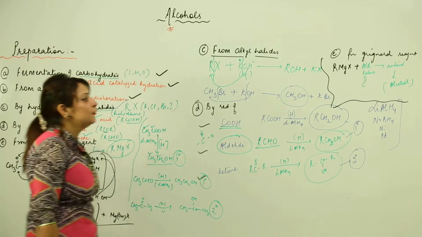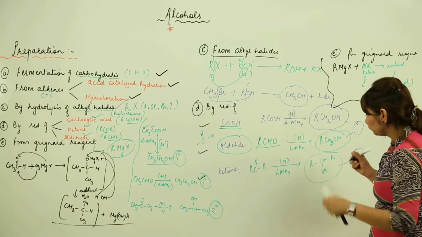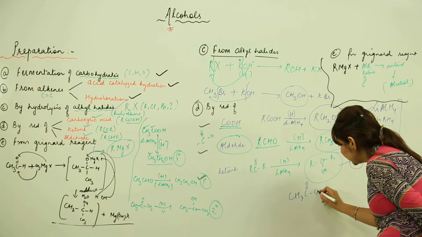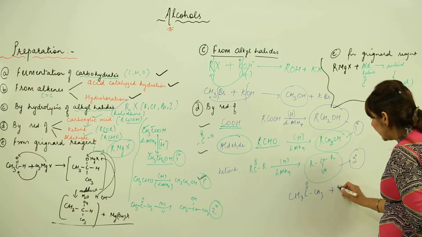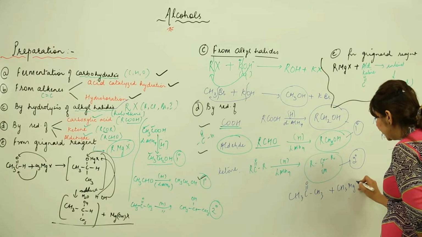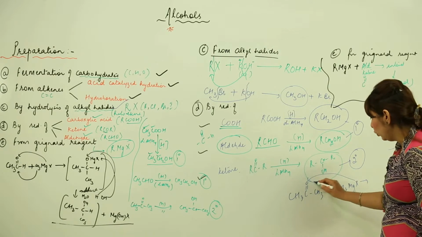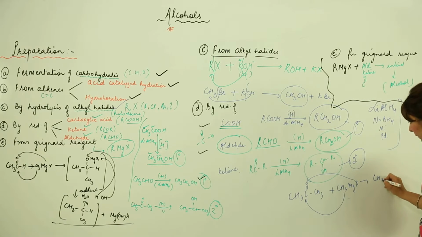Likewise we can use it for a ketone also. So let's take it for a ketone also. Let's say we have this ketone. This is propanone. What we are going to add is the Grignard reagent. Let's say it is CH3MgX. Again we know that MgX is going to attach to O and CH3 is going to attach here. So let's make an addition product.